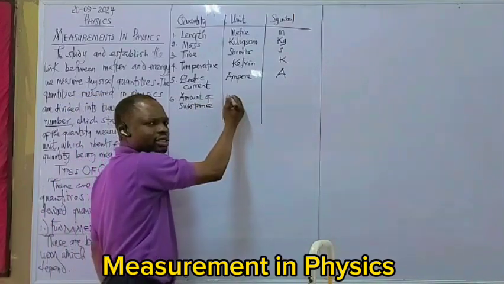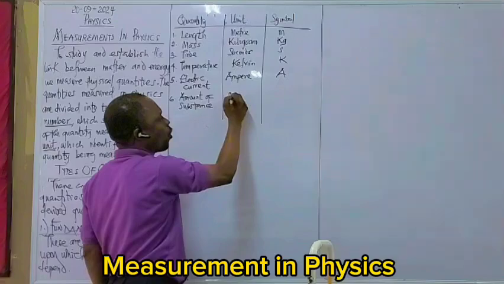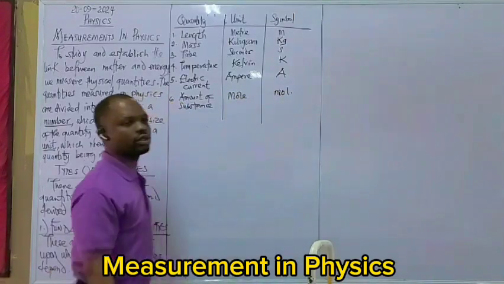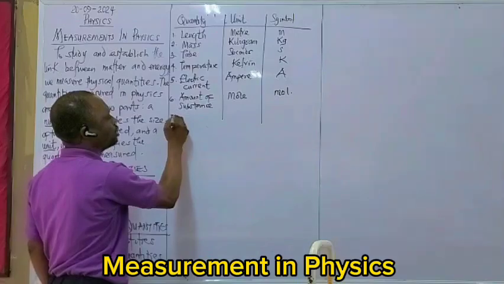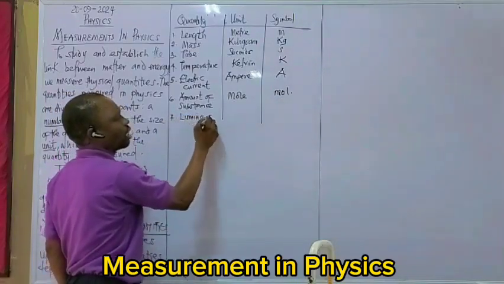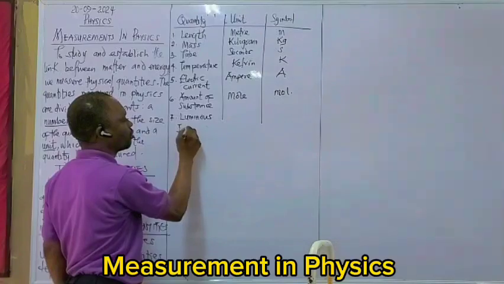Who can guess this? Mole, and the symbol is mol. Then the last one is luminous intensity.